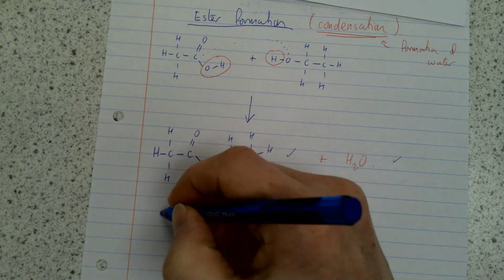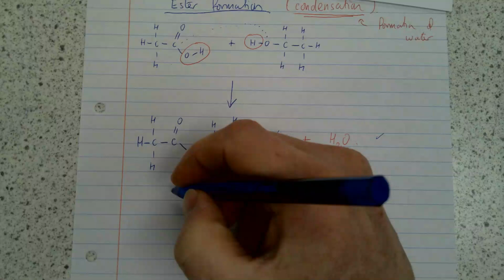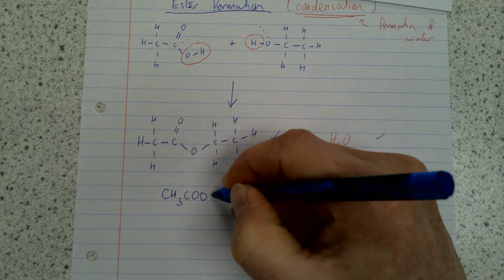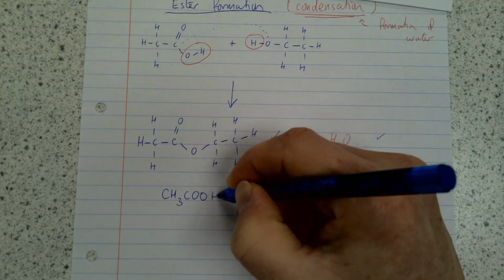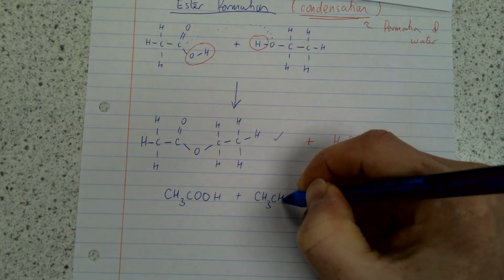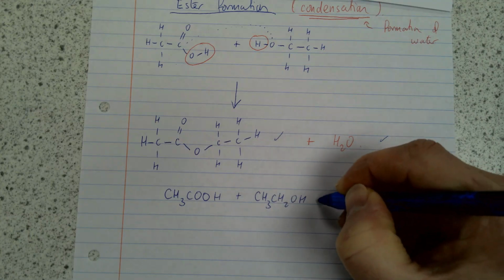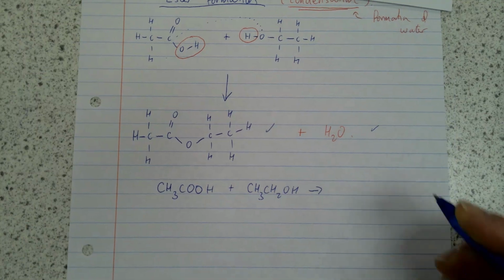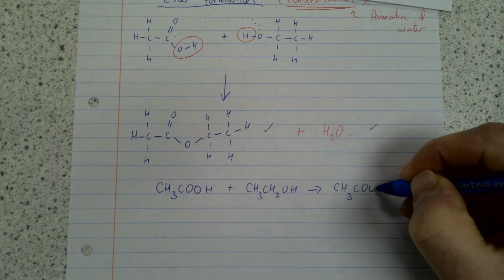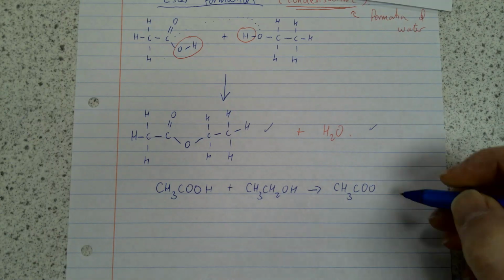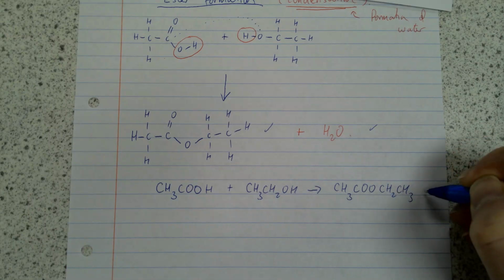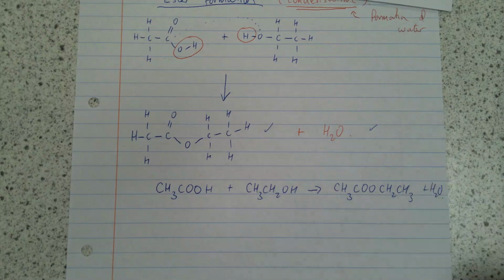And I've written it that way. I'm also going to write it the other way as well, so you can see that it can be written in the shorthand way. COOH plus CH3CH2OH gives the ester: the first bit of it's the same, but then we've got to attach it to the CH2CH3, and H2O.